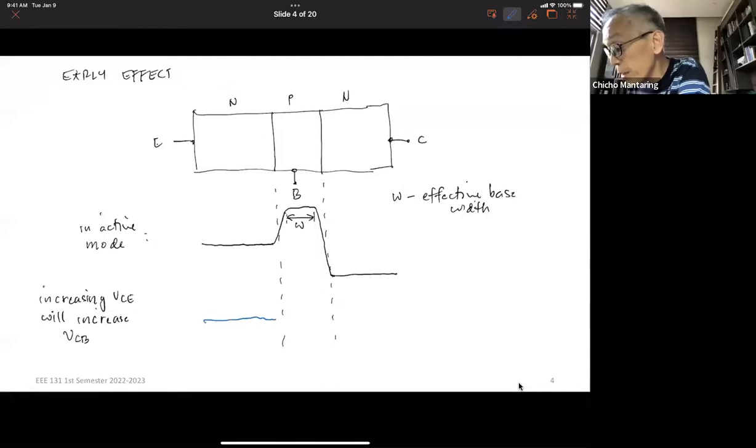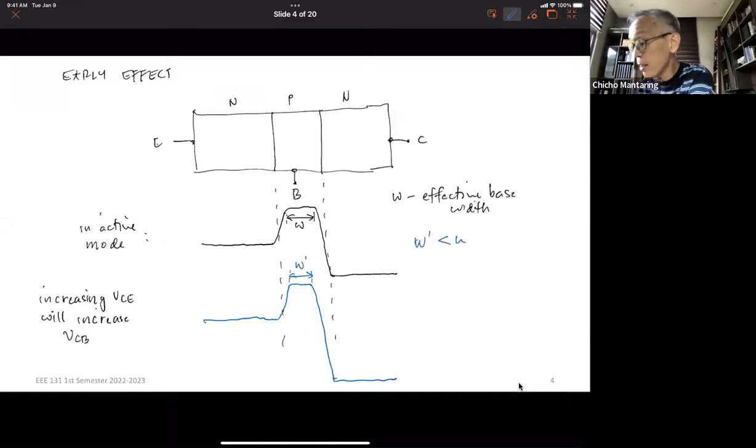This is going to be the same, okay? But now, because this is more heavily reverse biased, this is going to be bigger. And my new W, let's say this is W prime. W prime will be smaller than W. This is because of an increase in VCB.